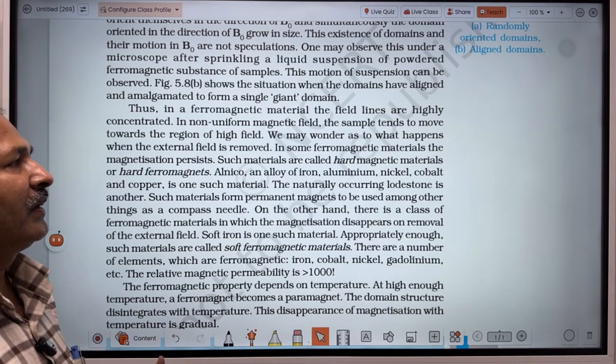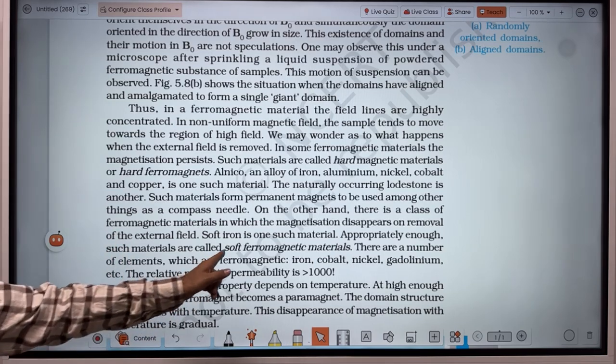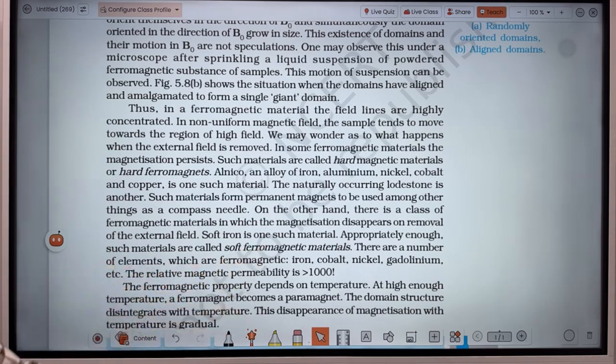When they are placed in a magnetic field, all domains get aligned, right? But when the magnetic field is removed, still they remain aligned. But in the case of soft ferromagnetic materials, these domains will remain aligned as long as there is a magnetic field. But when the magnetic field is removed, then what will happen? They will again get disturbed, means their alignment will cancel, right?